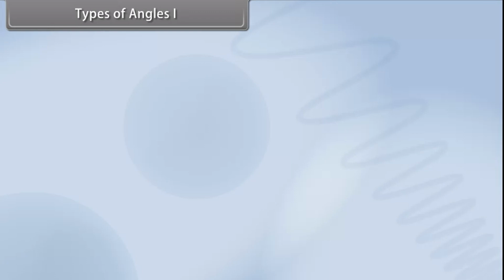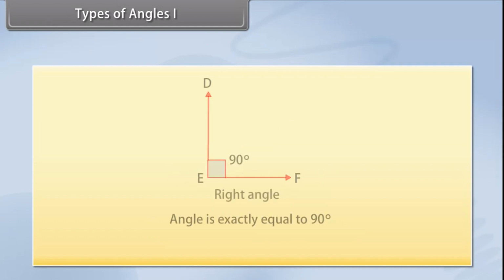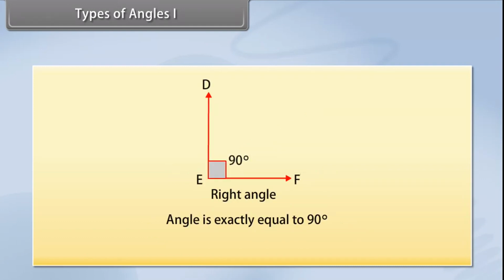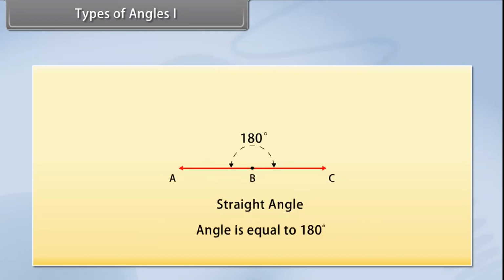Types of angles. An acute angle measures between 0 degree and 90 degree. A right angle is exactly equal to 90 degree. And an angle greater than 90 degree but less than 180 degree is called an obtuse angle. Also, a straight angle is equal to 180 degrees.